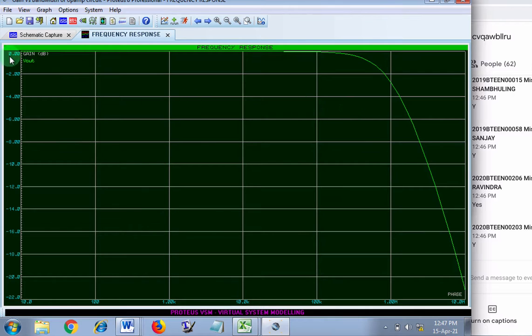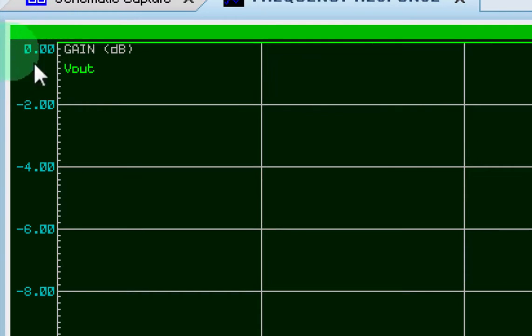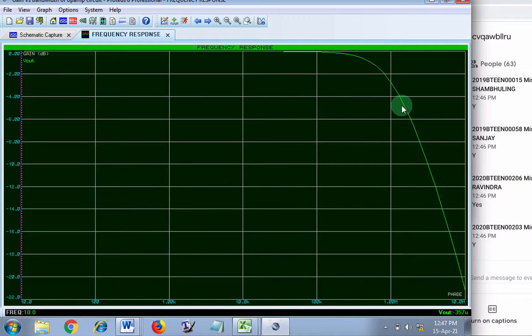First of all, look at 0 dB, that is unity gain, then -2, this is -3, and -3 dB is somewhere here. Okay, so everybody understood how to do that? Yes or no?